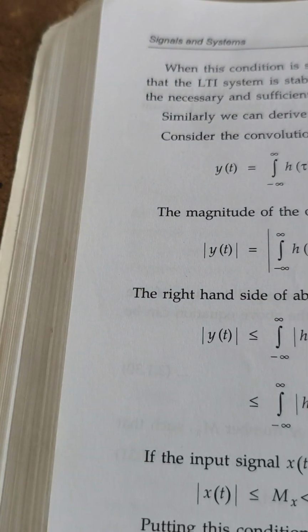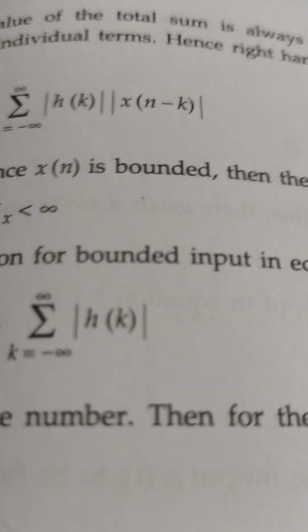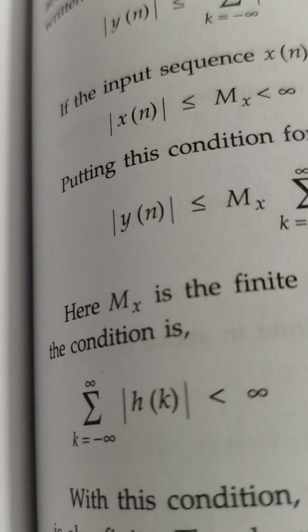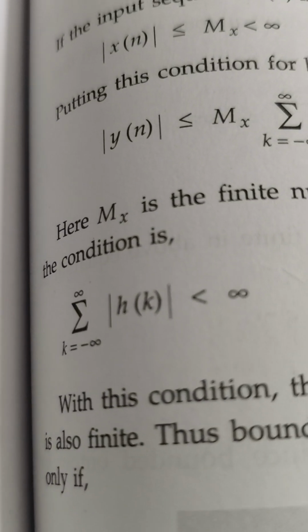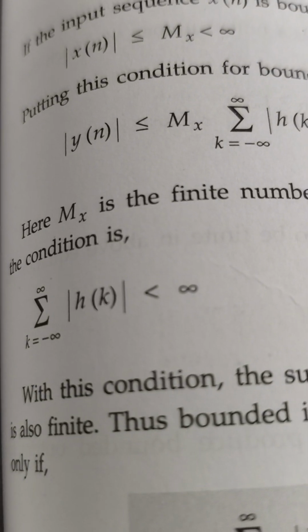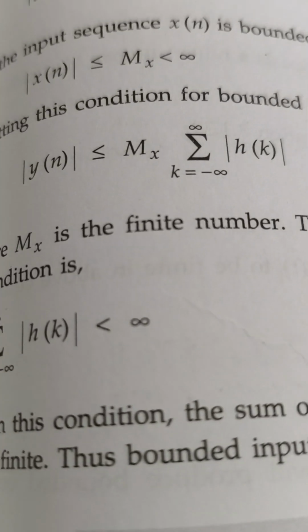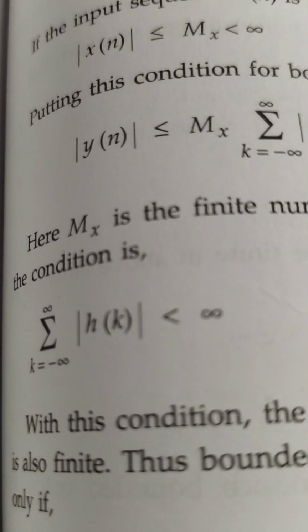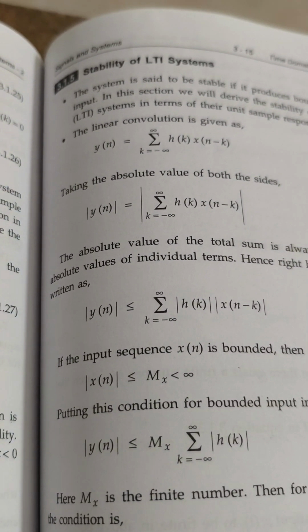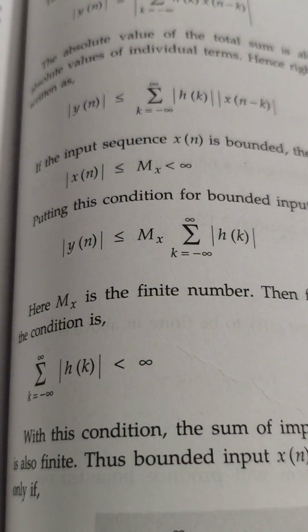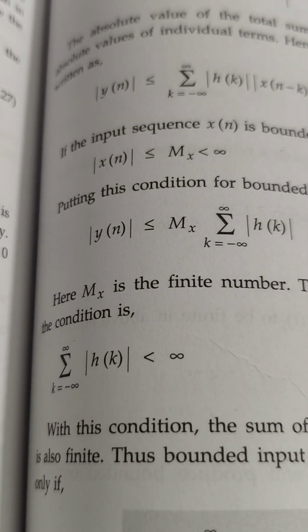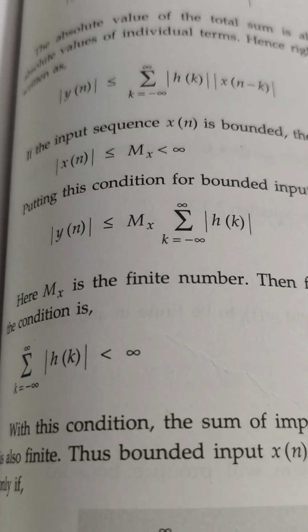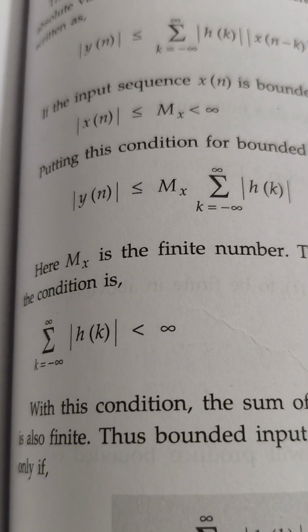Also, what is the condition for the stability of an LTI system? The summation of k equal to minus infinity to plus infinity of modulus of h of k, if it is less than infinity, then such systems are called stable systems. Here h is the unit impulse response, the unit sample response.